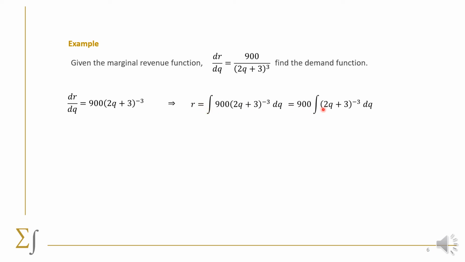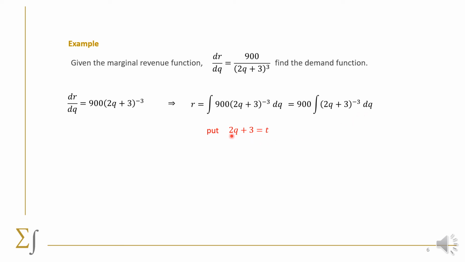Now, in order to perform the integration, we take this 2Q plus 3 and put it equal to t. We make a substitution for this part. So here we have 2Q plus 3 is equal to t, and this implies that there is a relation between dQ and dt.